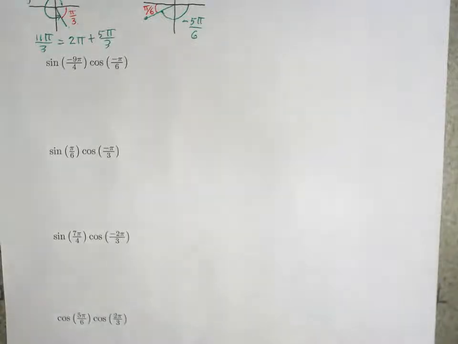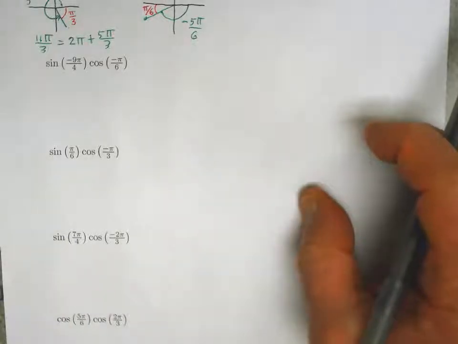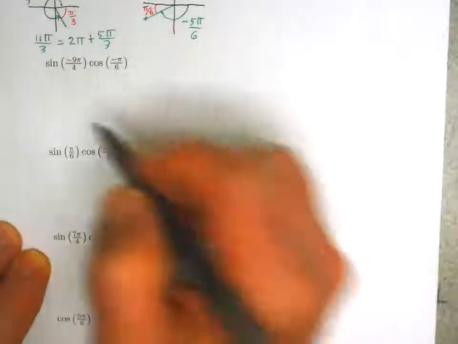Let's just do the next one. Sine of negative 9 pi over 4.